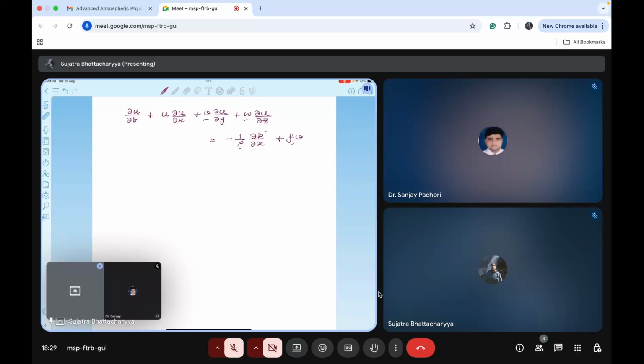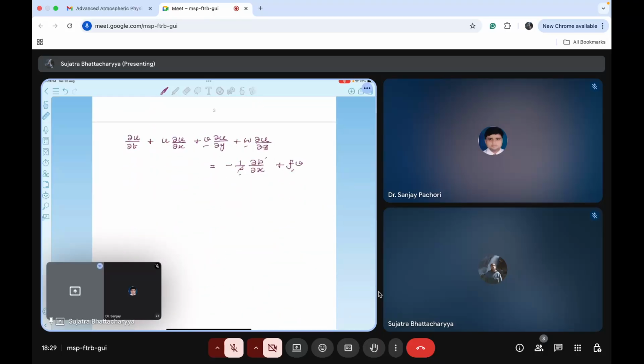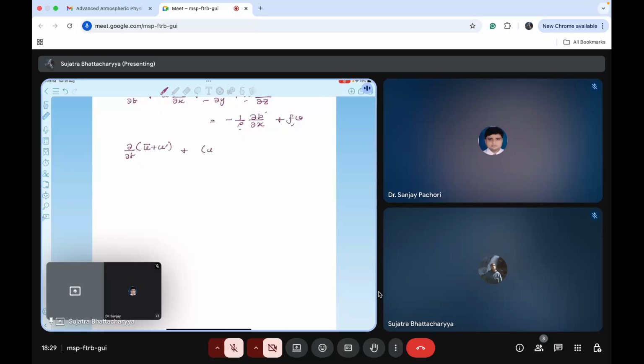Perfect. Now what we will do is put all these things in this particular equation and try to solve further. So ∂/∂t of u bar plus u dash, plus u bar plus u dash times ∂/∂x of u bar plus u dash, plus v bar plus v dash times ∂/∂y of u bar plus u dash, plus w bar plus w dash times ∂/∂z of u bar plus u dash.